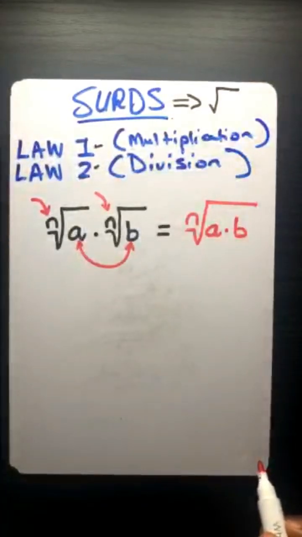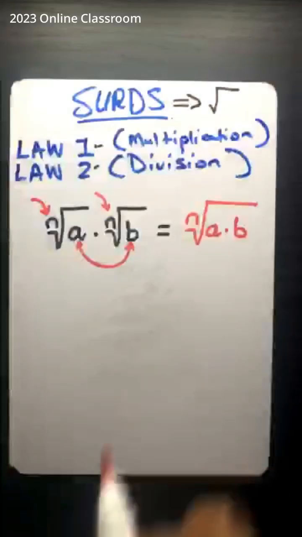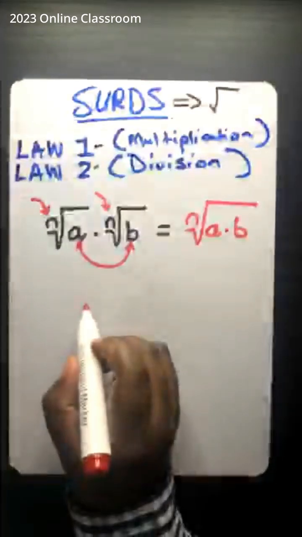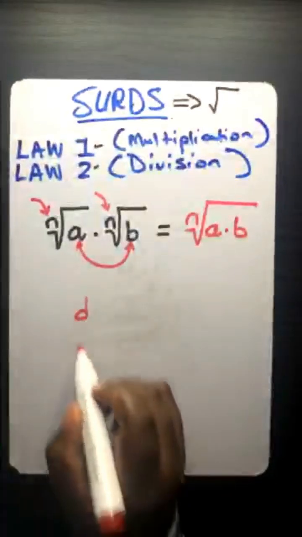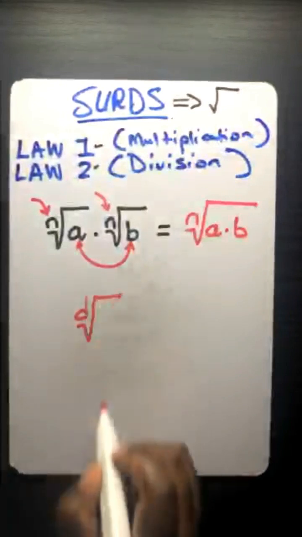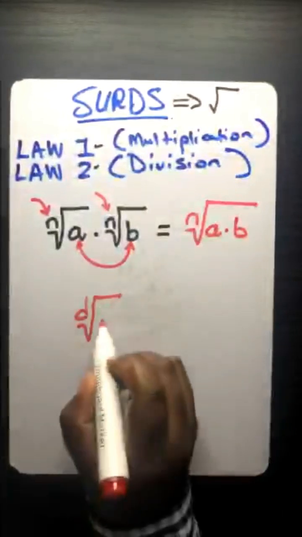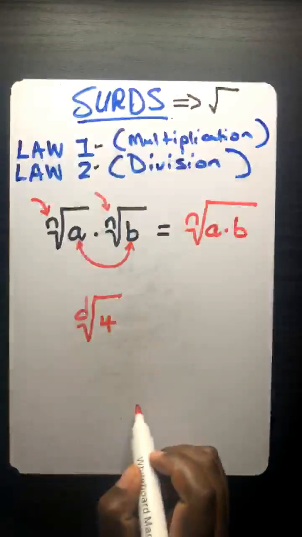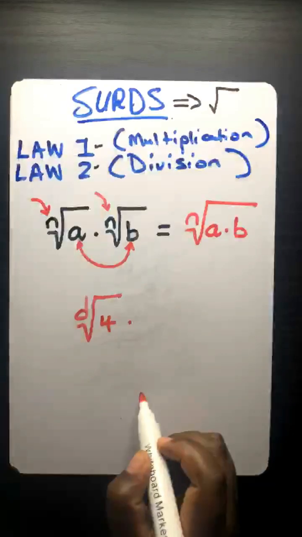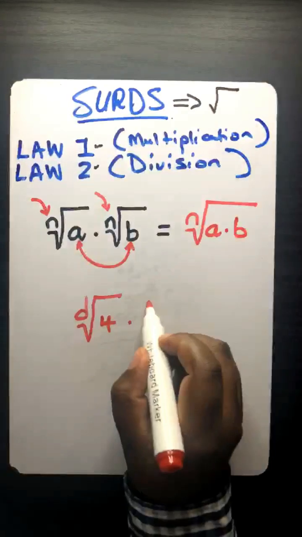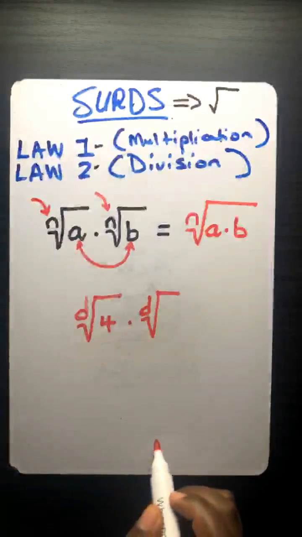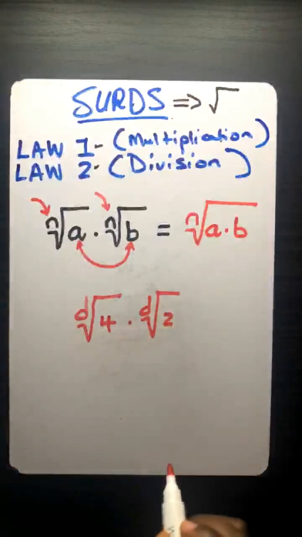I'm not sure if this makes sense, so let me try an example. Let's say we have, my name is Desmond so I will use the letter D, D square root of 4, multiplied by D square root of 2.